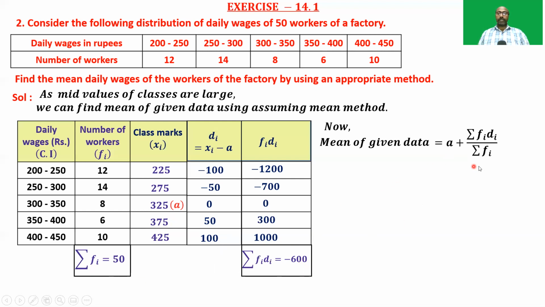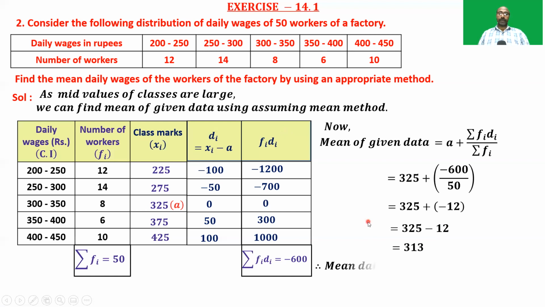So substitute these values in the formula: 325 plus minus 600 by 50. As we know, 600 by 50 is 12. So we get 325 plus minus 12, that is 325 minus 12, which is equal to 313. So the mean daily wages of workers is 313 rupees. Okay.